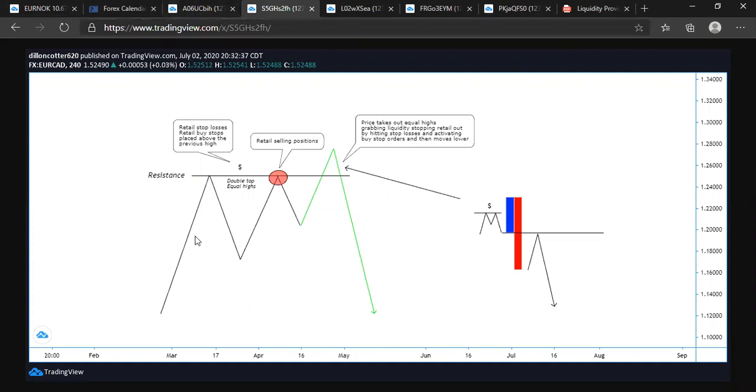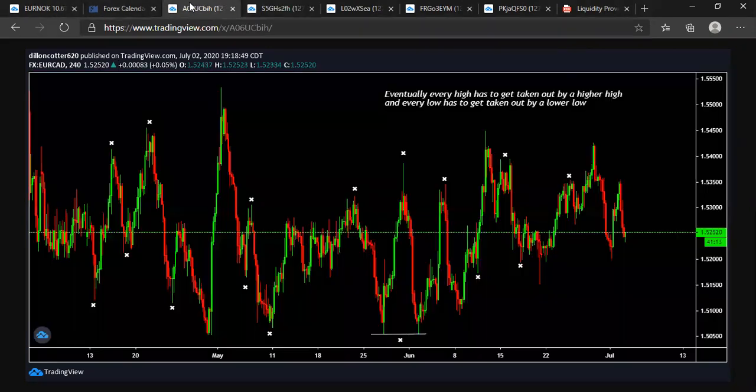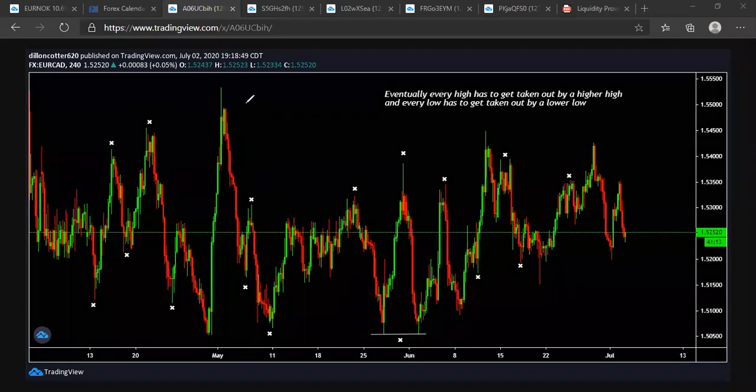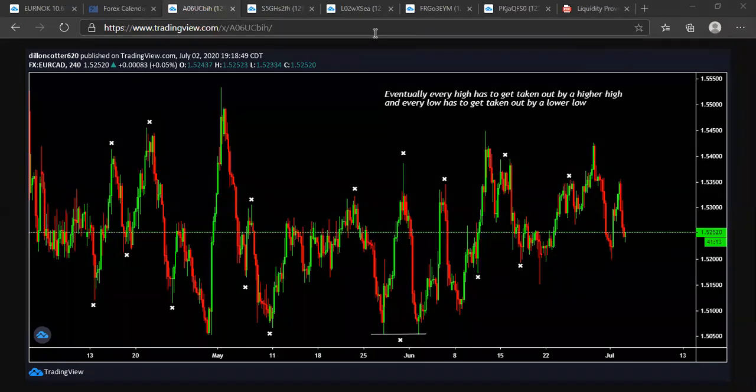Equal highs and equal lows are a form of liquidity as well, not just a singular high. Equal highs and equal lows is where you can find liquidity as well. As a matter of fact, to train your eyes in an easier way, equal highs and equal lows will be what you are able to see a lot easier when spotting liquidity.